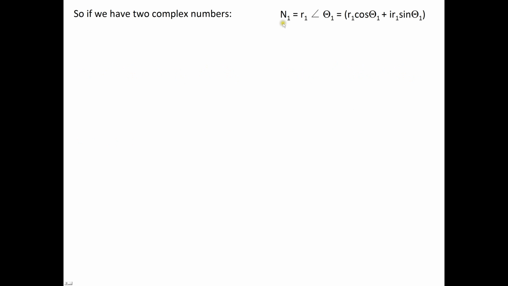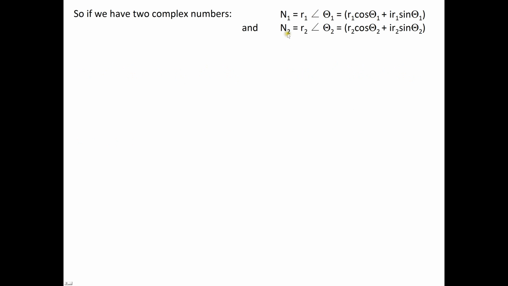We'll take two complex numbers, complex number 1, which is n1, r1 angle theta 1, expressed in rectangular form but with the rectangular coordinates given in terms of the r1 and the theta 1. So it's r1 cos theta 1 plus i r1 sin theta 1.